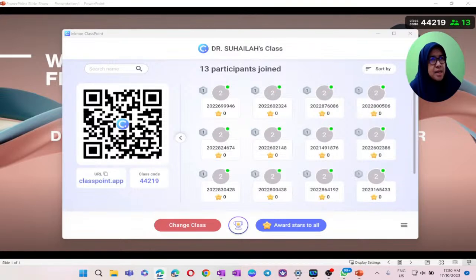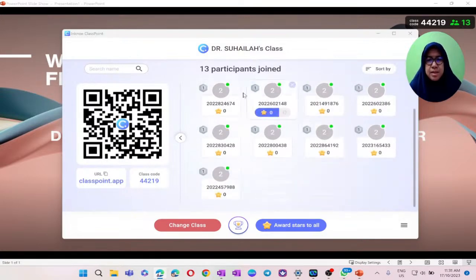Okay, Arif Iskandar, Muhammad Mukri, Nur Amira Bahiyah, Nurul Natasha, Siti Fatimah. Okay, 13 has joined.